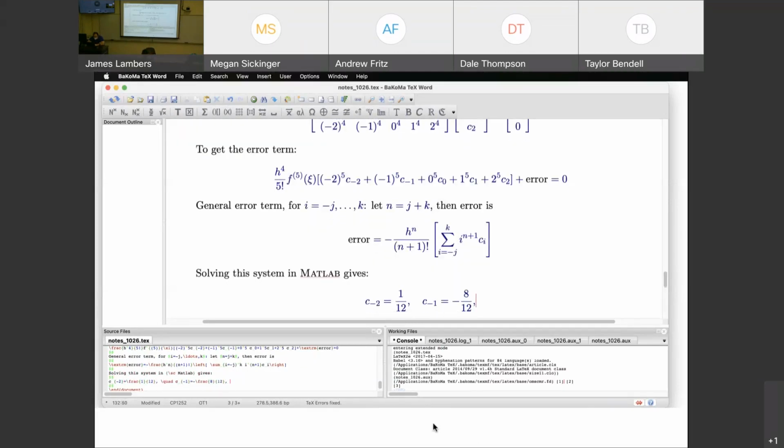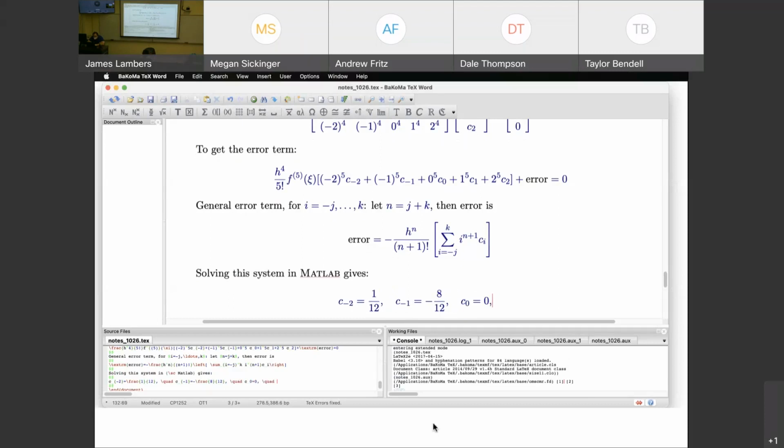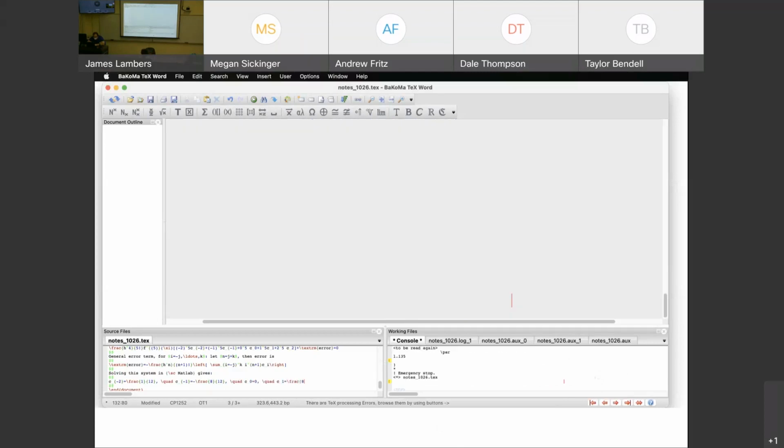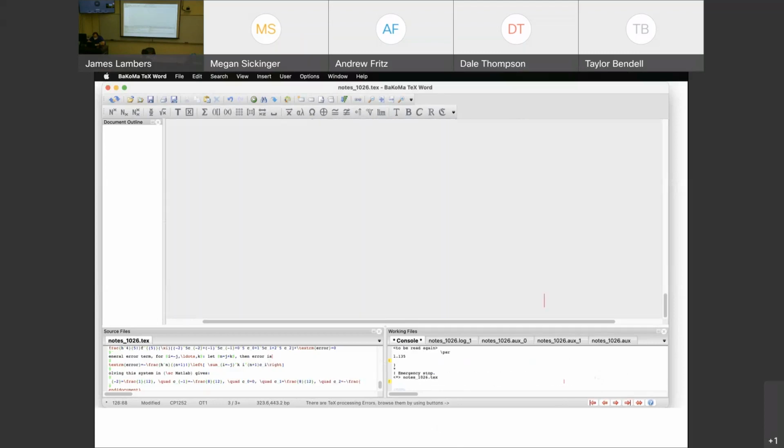I want to have a common denominator. C_0 is equal to 0. When it's symmetric, the coefficient of f of x naught tends to be 0. C_1 is equal to 8 twelfths, and so it's nice and symmetric.